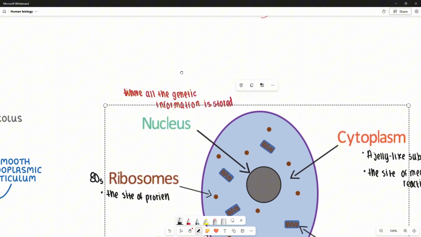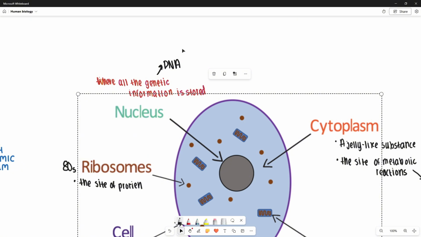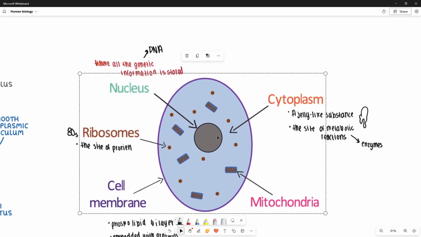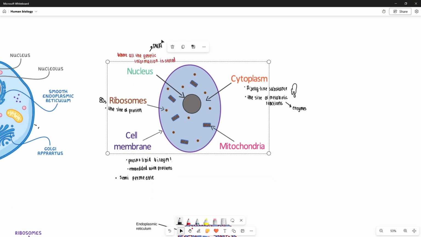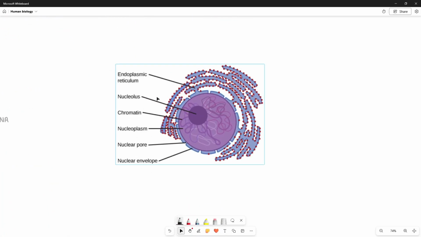Now, genetic information in a cell, or in anything actually, we know as DNA, deoxyribonucleic acid. This is just a level 3 diagram, so I want to go deeper into the nucleus.